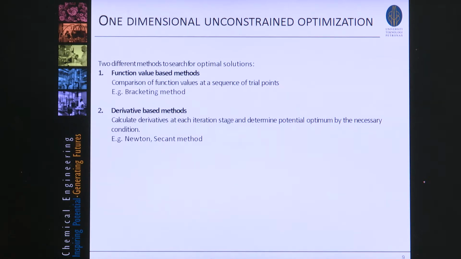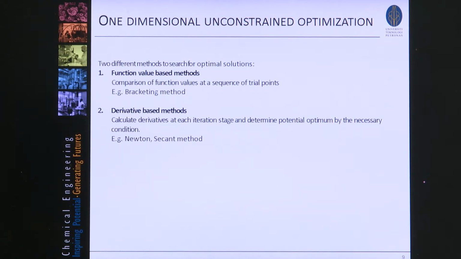So how do we solve it? How do we find the value of x such that the objective function is at a minimum or maximum? In general, there are two major types of approach.